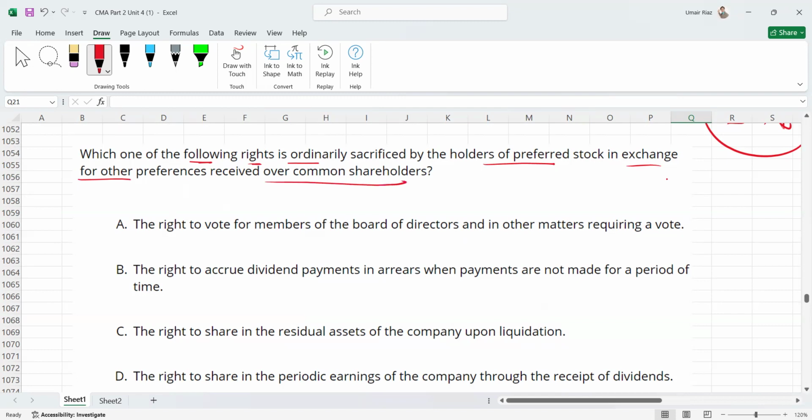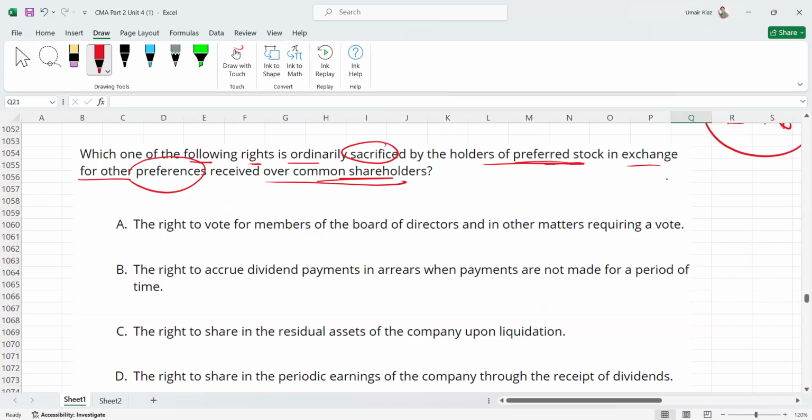So we have to understand the question first. Usually we know preferred stockholders have preferences over the common shareholders. Which kind of preferences? For example, they receive dividend in priority, and they receive asset value in case of liquidation in priority to the common shareholders. But which of the following rights is ordinarily sacrificed by the preferred stockholders?